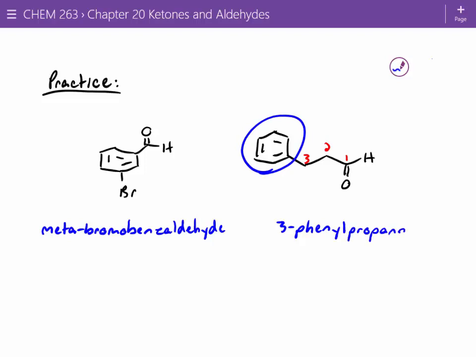So the aldehyde would take priority. If it's a longer aliphatic aldehyde, in this case a 3-carbon chain, you want to start numbering at the 1 where the C=O double bond is, and then treat the benzene ring as just a phenyl group. If there are substituents coming off that benzene ring, it gets really complicated, and I won't ever throw those problems at you.